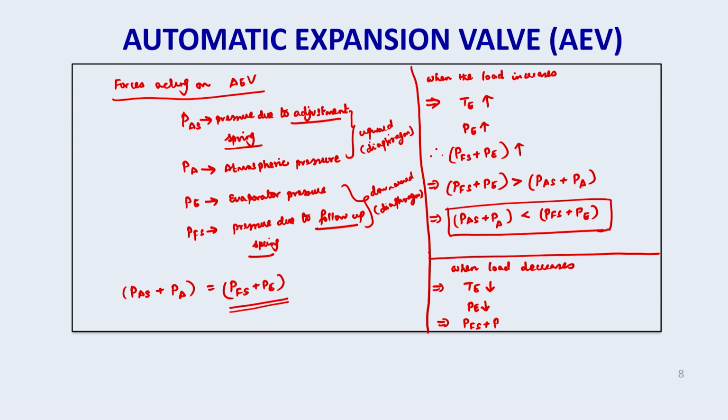PFS plus PE will decrease. When this is decreasing, this term will be less than this one. Therefore, PFS plus PE will be less than PAS plus PA. In other words, the summation of the force due to adjustment spring and atmospheric pressure will be more than the sum of the forces due to follow-up spring and evaporator pressure.